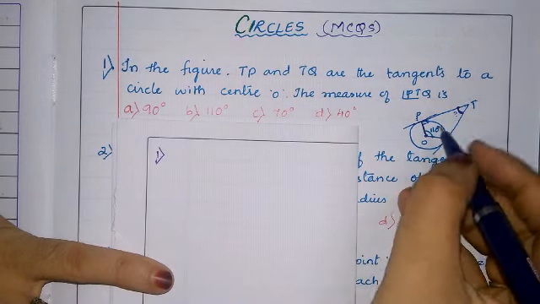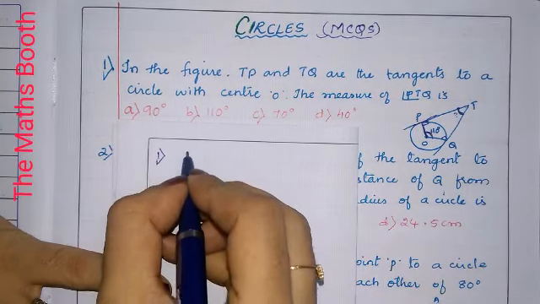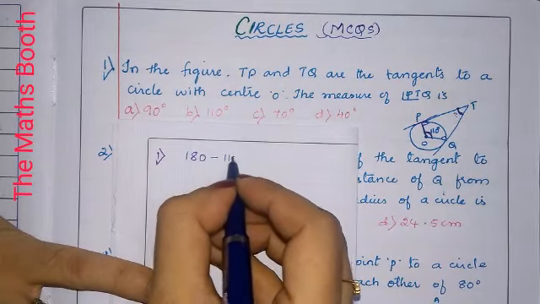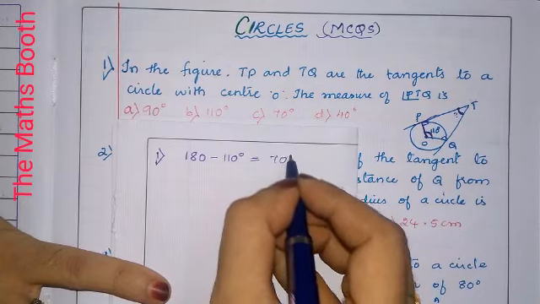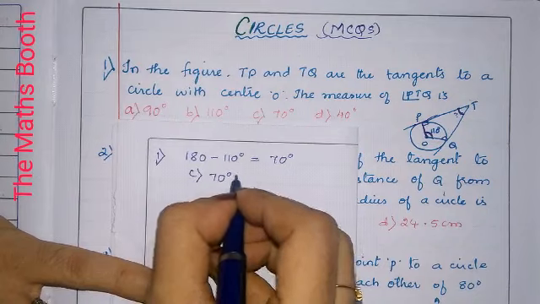So if the question comes like this, what we have to do is 180 degrees minus what is given, 110 degrees. 180 minus 110 is 70 degrees. So the correct option is C, 70 degrees.